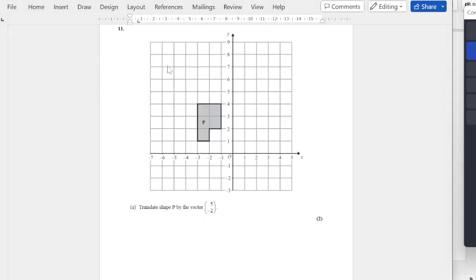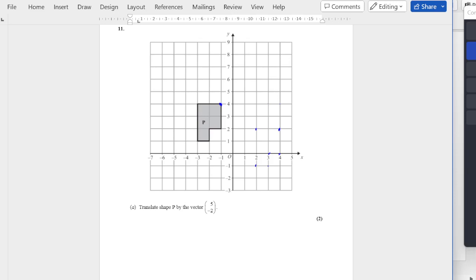Okay, question 11. Translate shape P by a vector of 5, -2. So I'm going to pick a point to look at moving, and that's going to go 5 across. So 2, 4, 5, and it's going to go 2 down. So that point would move to there, and then all my other points would follow that pattern.